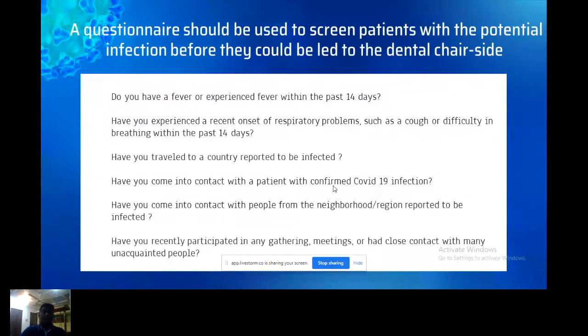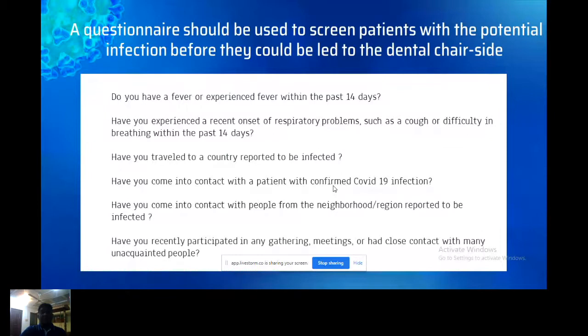Like there might be another patient in the family, where the patient who wants to report to a dental operatory may not give a proper history. Have you come in contact with people from a neighborhood or region reported to be infected, or have you recently participated in any gathering, any meetings, or had close contact with many unacquainted people?